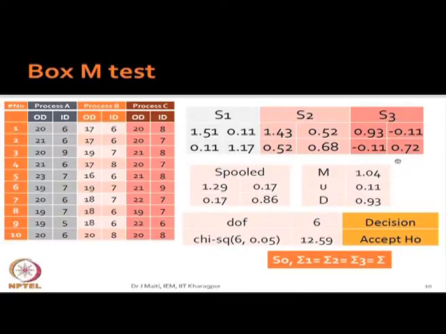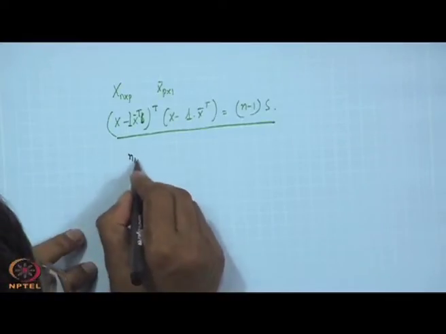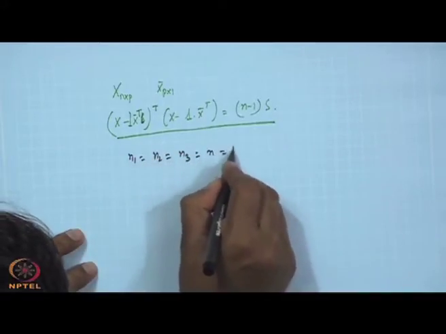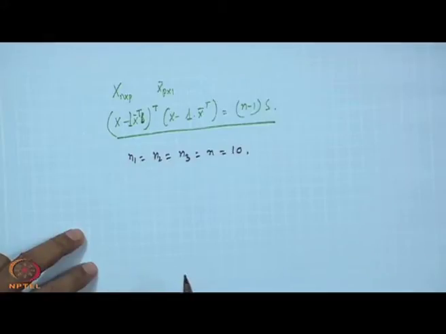Then what you require to know? You require to know S pooled. S pooled will be S1 plus S2 plus S3 divided by, because here N1 equal to N2 equal to N3. So, write down like this, N1 equal to N2 equal to N3 equal to N equal to 10.